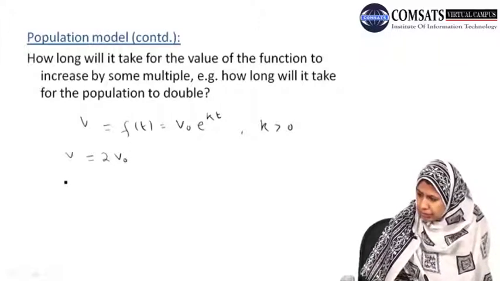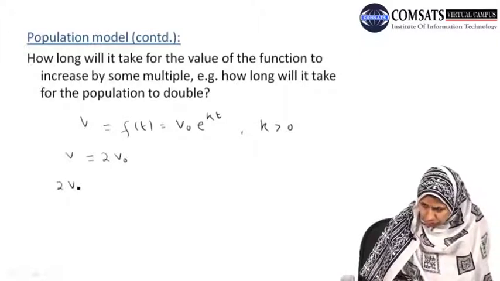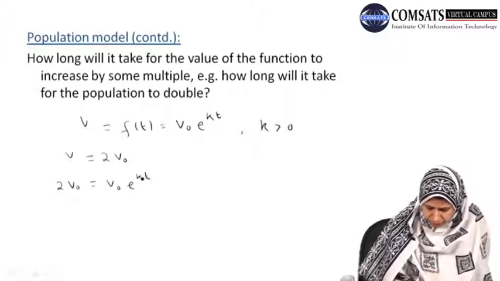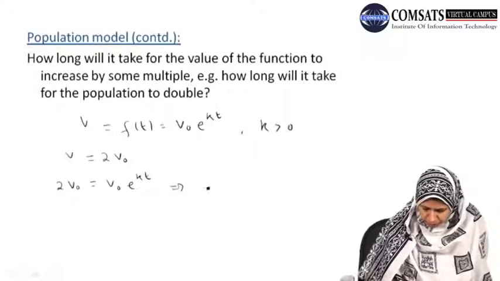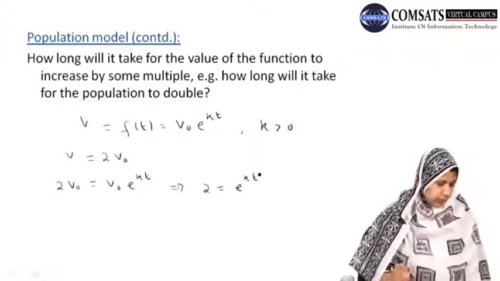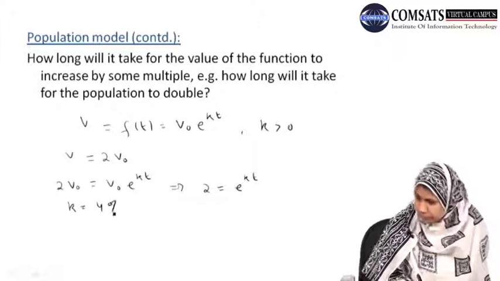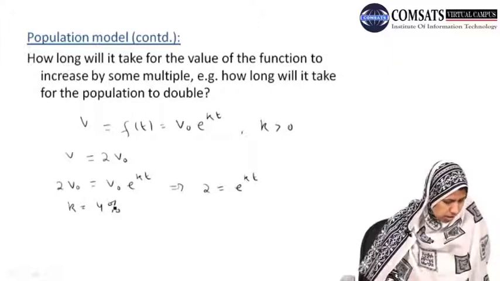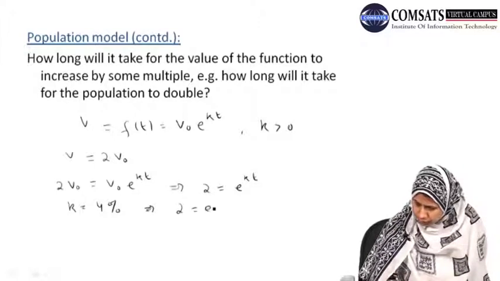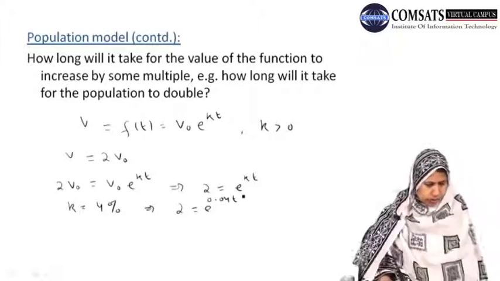By putting this value in our population model, we obtain 2v naught equals v naught into e to the power kt, which implies 2 equals e to the power kt. Now since our k is 4%, we obtain 2 equals e to the power 0.04t.